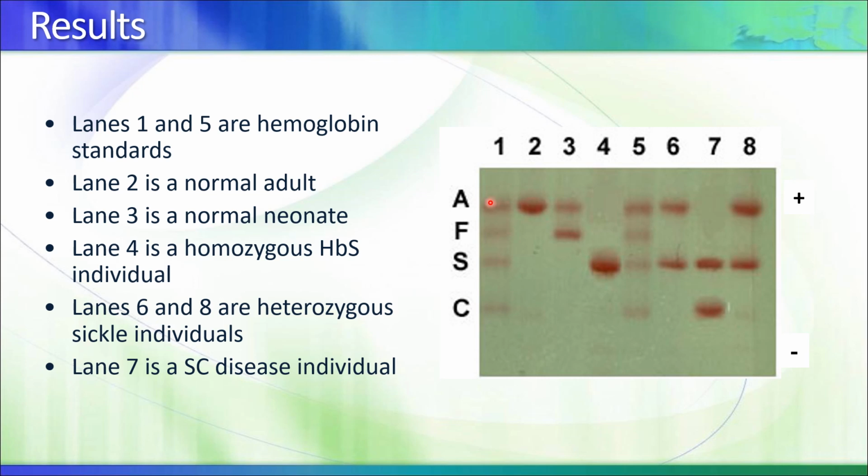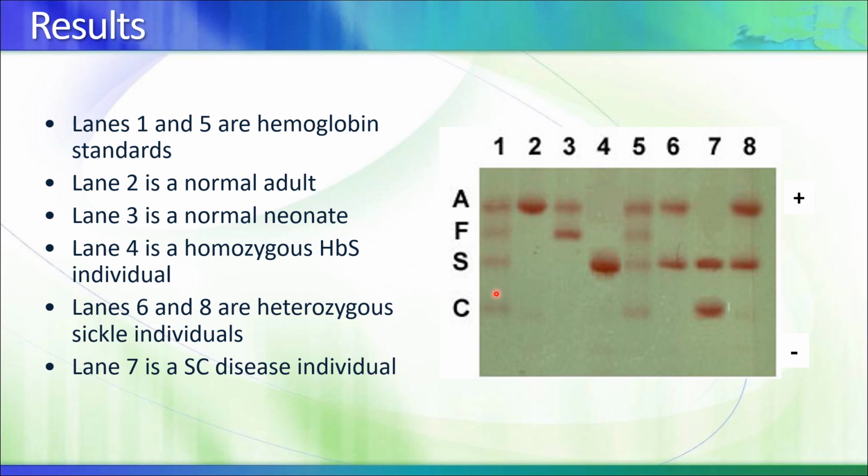Now you can see the migration pattern is different among the different hemoglobin molecules. So you have the HbC, for example, traveling close to the cathode, negative charge, and HbS is migrating a bit slower than HbC, and so on.